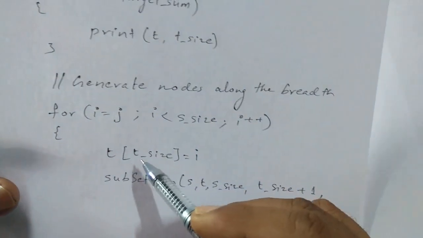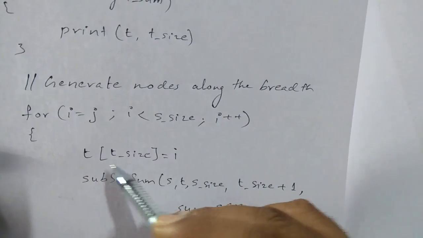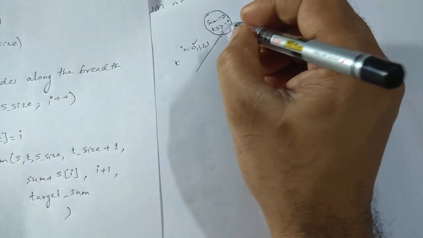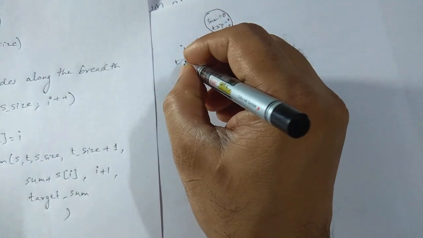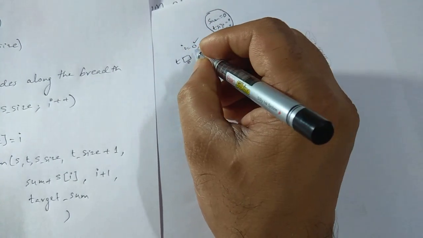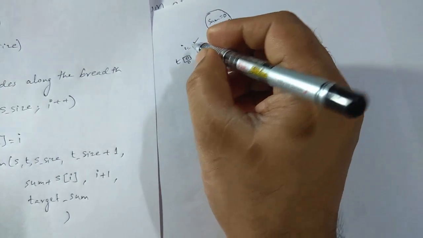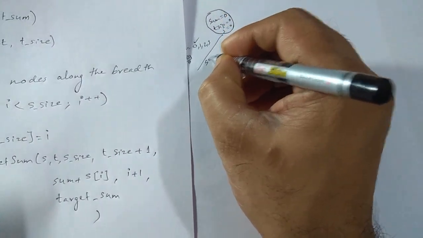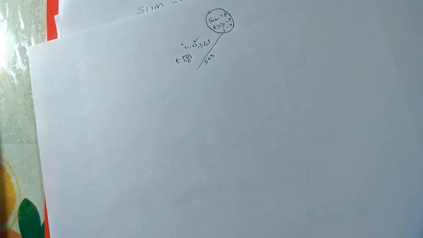T of t size equal to i. Our t size is 0, so t of 0 will be equal to i. I has taken the value 0 now. Then it is calling sum of subset.